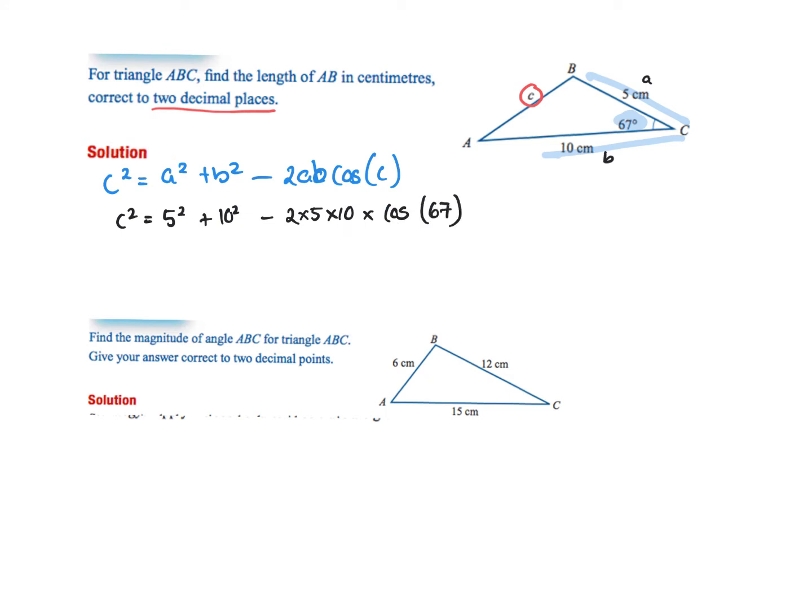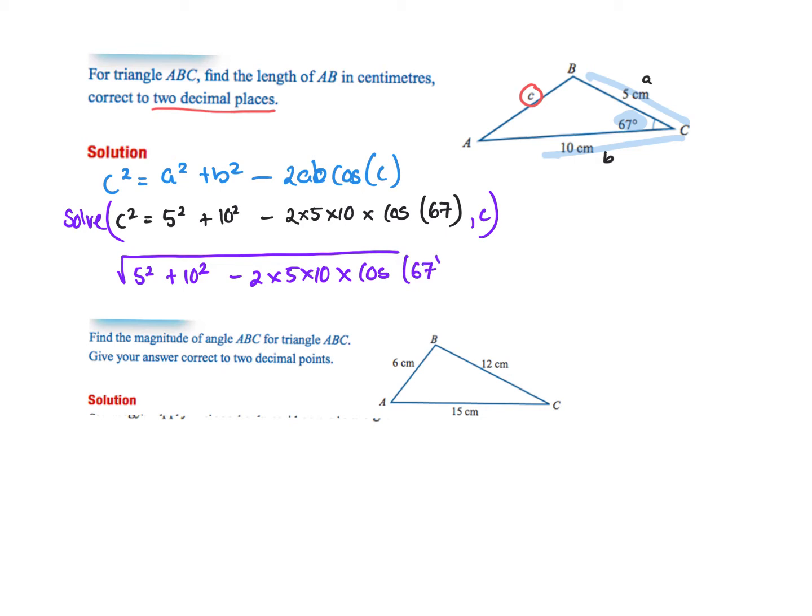You can write it out like that and write solve comma C, or you can go straight into the calculator, you could just do the square root of the formula, which is 5 squared plus 10 squared minus 2 times 5 times 10 cos 67. Okay, so it's whichever way you want to do that or that, it doesn't matter.